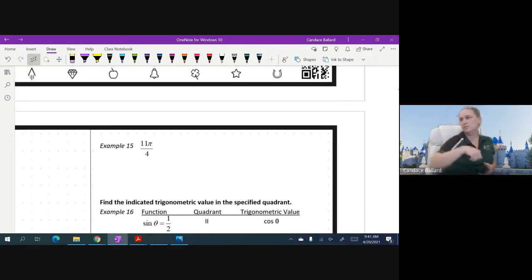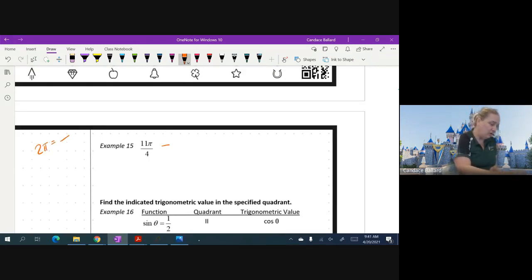What is it in radians? Help me out. What's 1 full revolution around in radians, everybody? There we go. Okay, so 2 pi, but 2 pi in over 4 world means I need to multiply top and bottom by 4, right? Which would make 8 pi over 4. So I'm going to subtract 8 pi over 4, which means I'm really coterminal to 3 pi over 4.